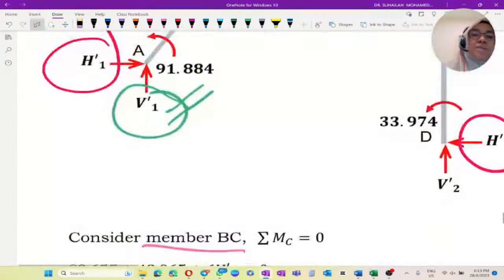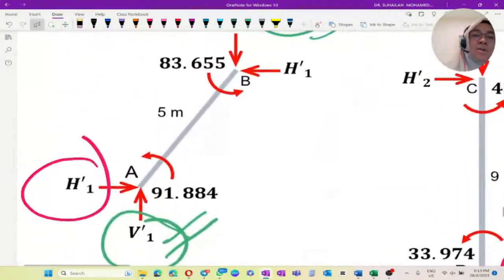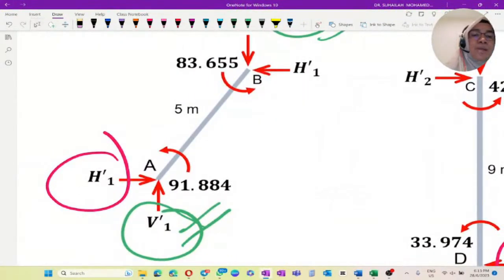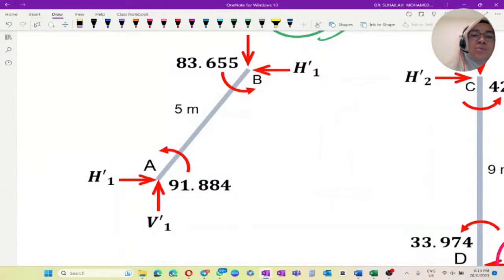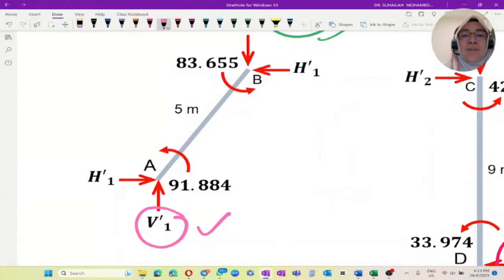We just need to analyze this column AB. V1 we have from the previous analysis of member BC.